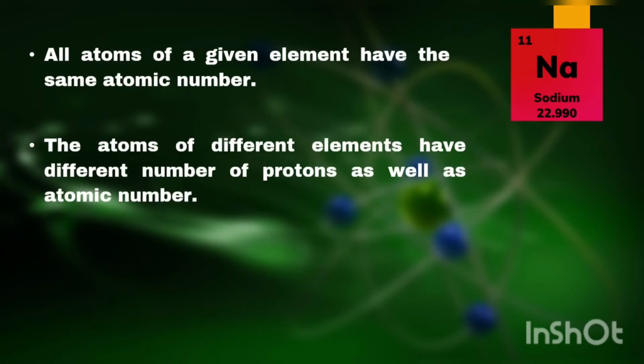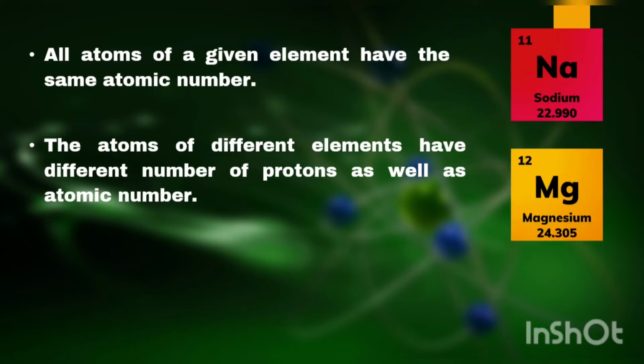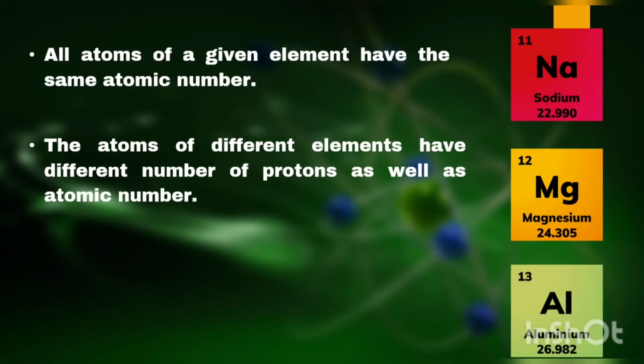The atoms of different elements have different numbers of protons as well as atomic number. So if the atomic number of an element is 12, it is no longer sodium but magnesium. If the atomic number of the element is 13, then it is no longer magnesium but aluminum.